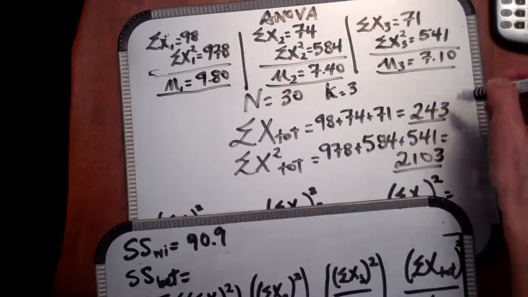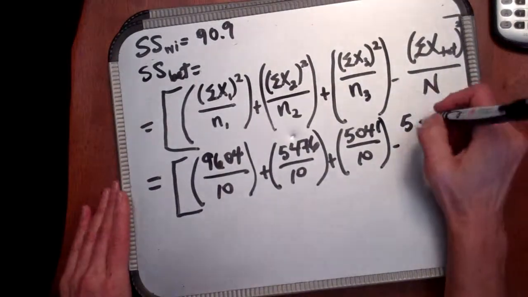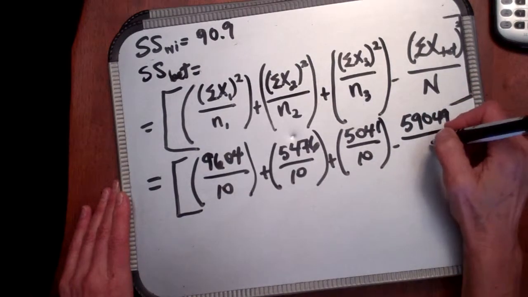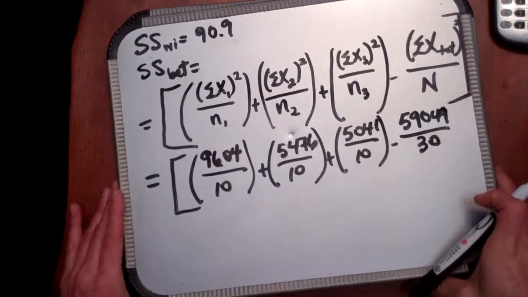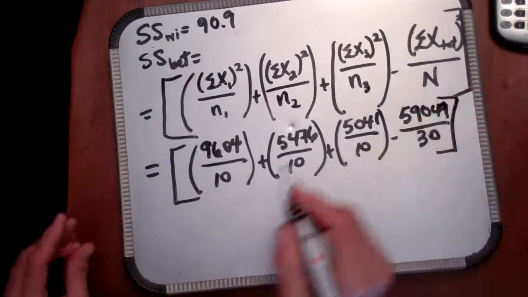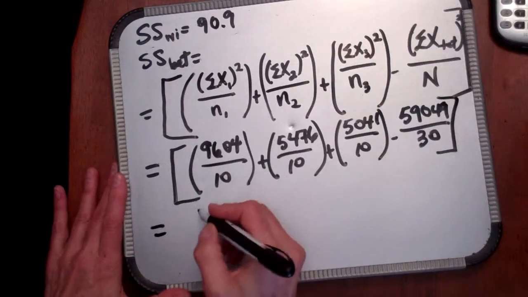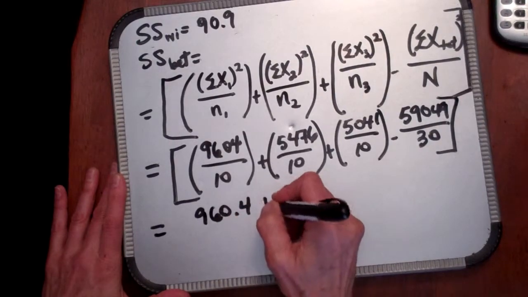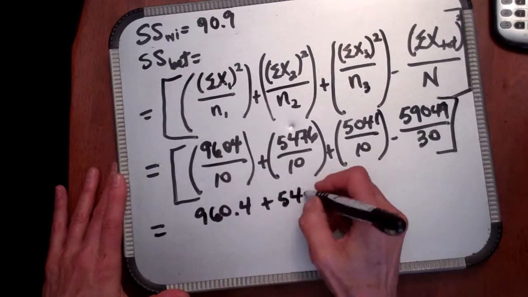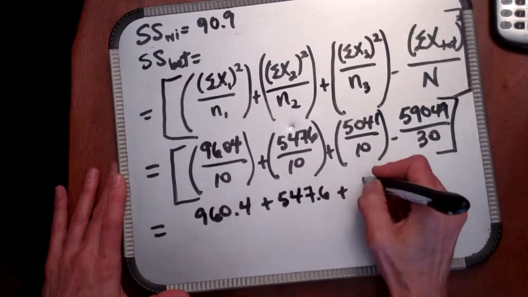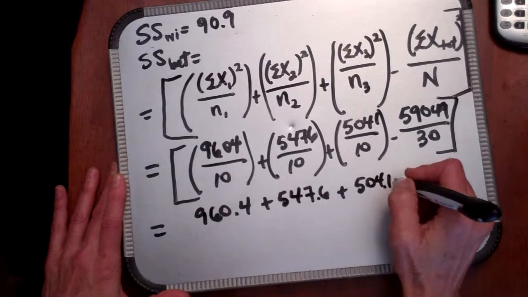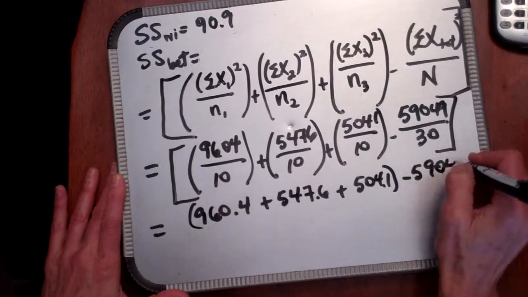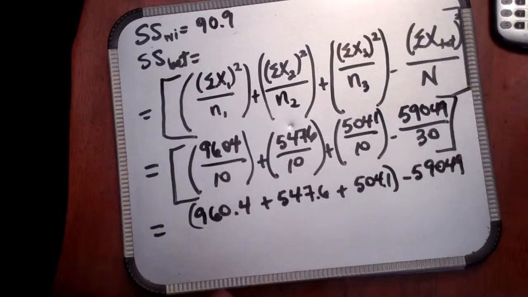If you square 243, you get 59,049 divided by the total sample size, right? And now we just calculate that through, and of course this is 960.4 plus 547.6 plus 504.1. We're going to add those together and then subtract 59,049 divided by 30.